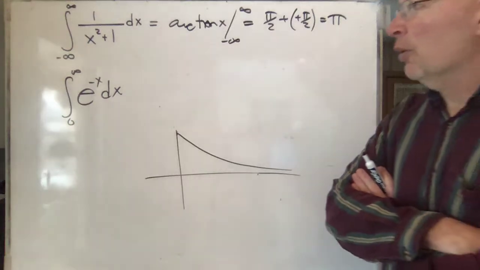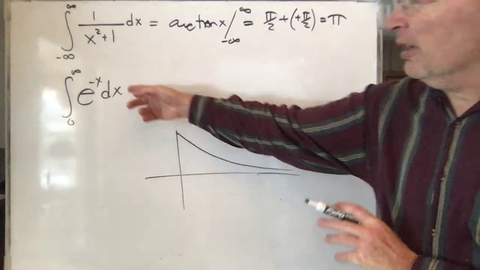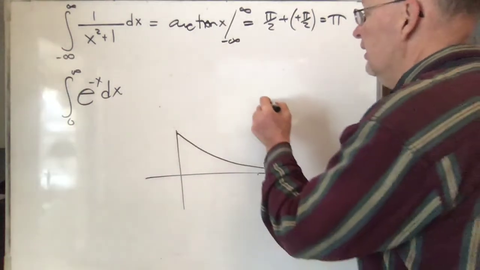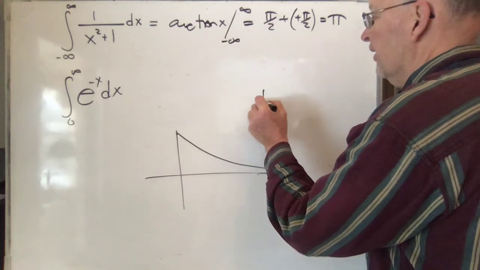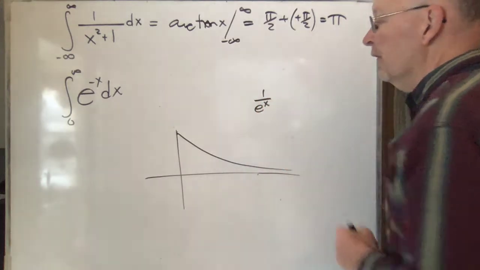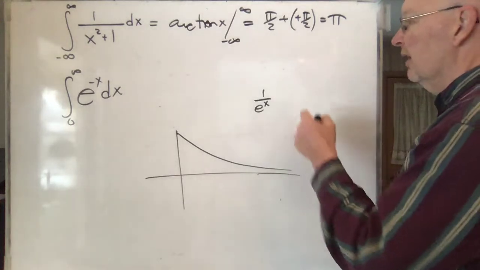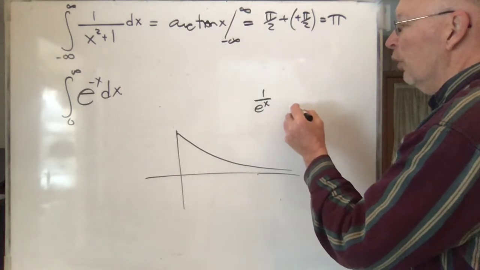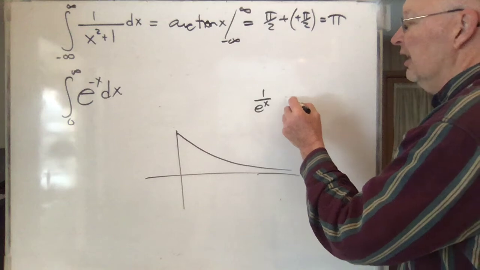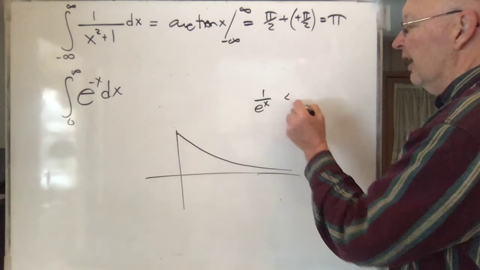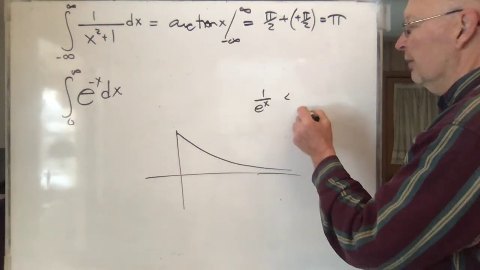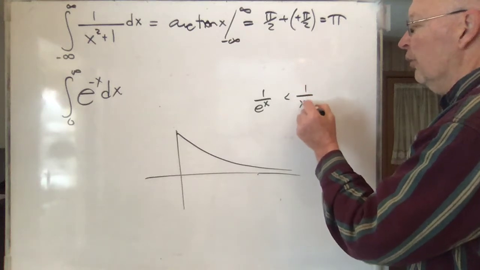So let's think about this one. E to the negative x is the same as 1 over e to the x. And remember what I had on the board in the last lesson? E to the x grows much faster than any power of x, in particular, faster than x squared.